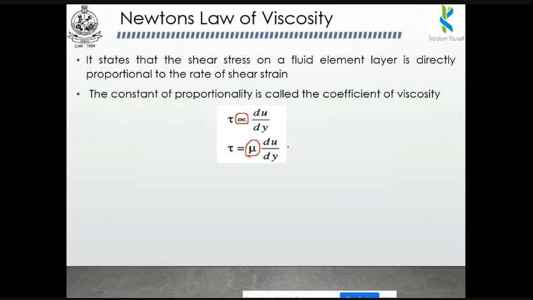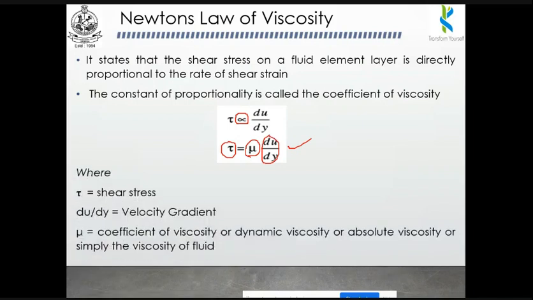This is called Newton's law of viscosity. So mu is called viscosity. Here tau is the shear stress and du by dy is the velocity gradient, which is called shear strain.